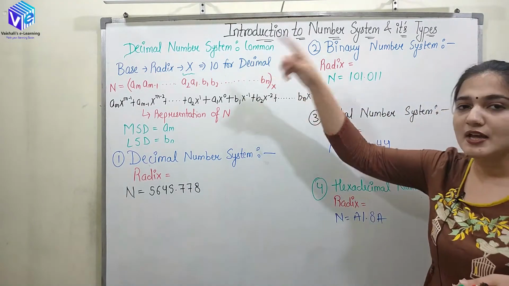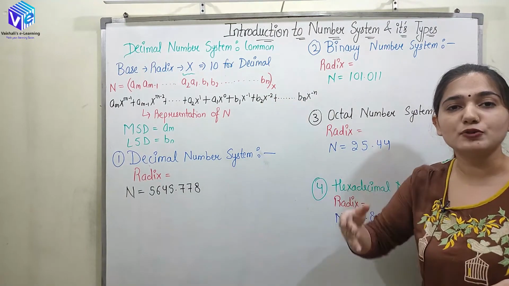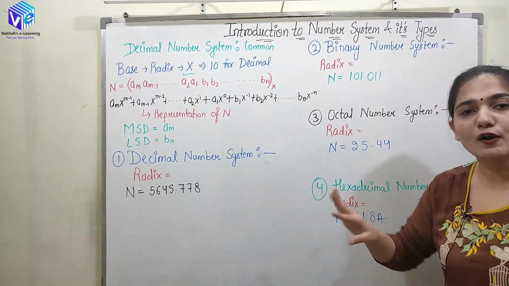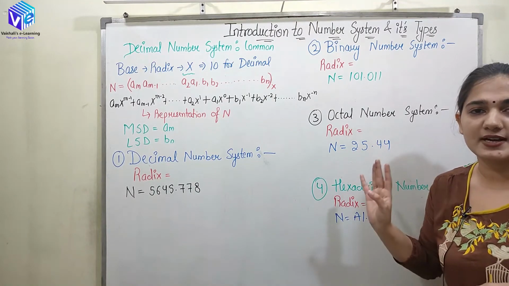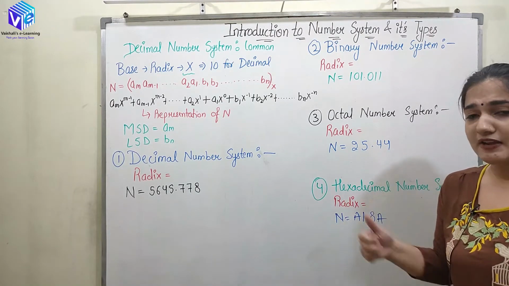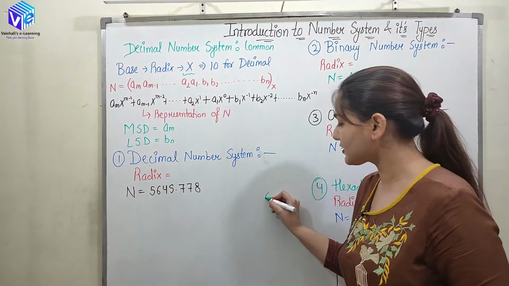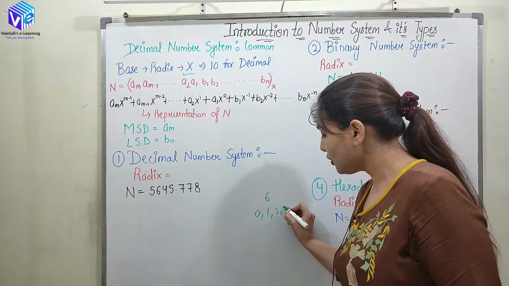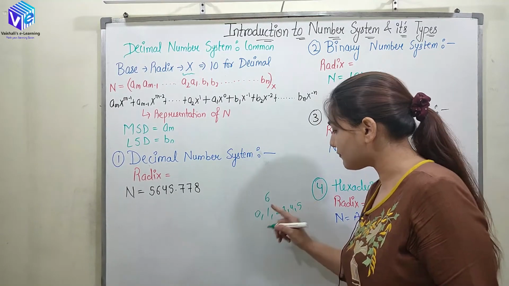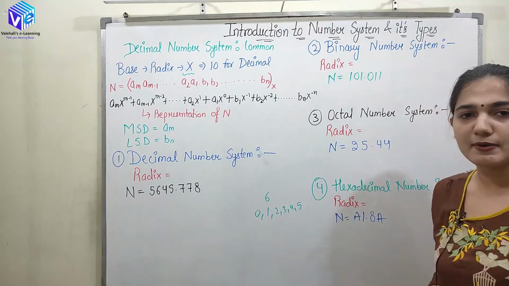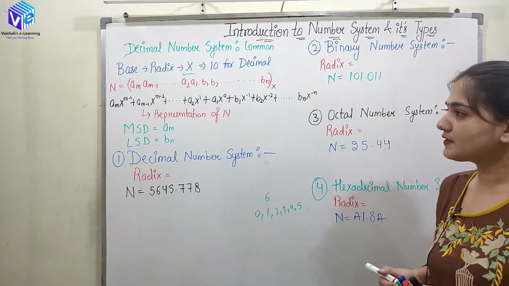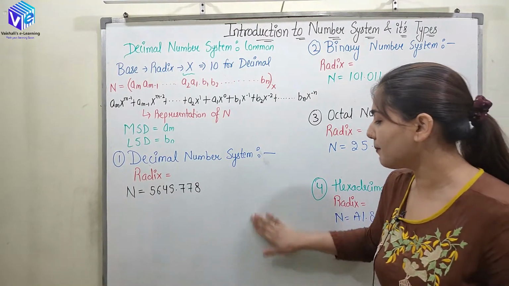So base is 10, so it will have values up to 9. So 0, 1, 2 up to 9, all of the numbers representing the decimal number system. If I have base 6, I will have numbers 0, 1, 2, 3, 4 and 5, that is, up to 6 minus 1. So this is how I can represent the base.